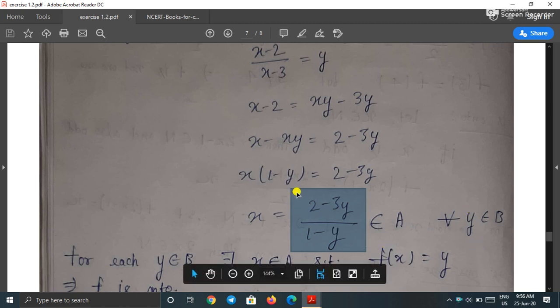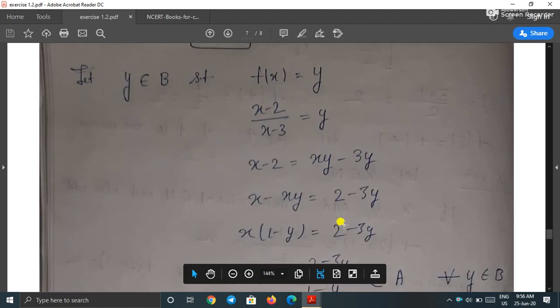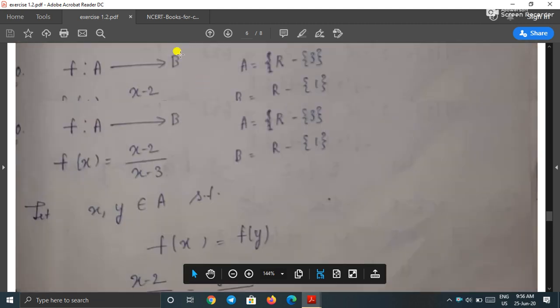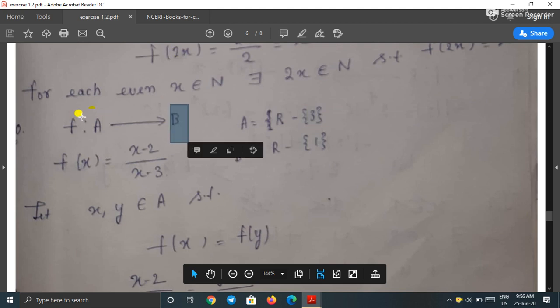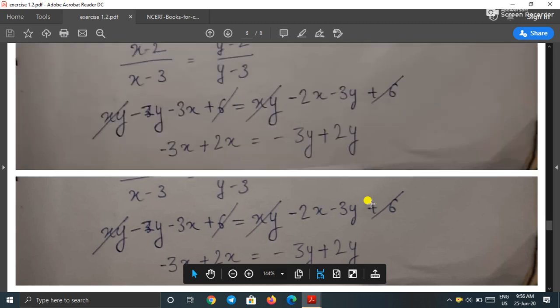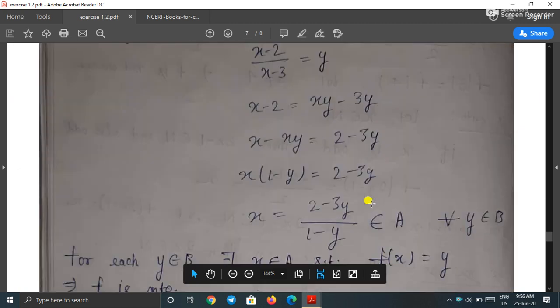For the rest of the numbers, it is a real number. y अगर 1 के अलावा कोई भी रियल नंबर आप फिल करोगे तो ये हमेशा रियल नंबर ही मिलेगा. ओके, सो each point in V has a pre-image. This shows that the function f is onto, right?